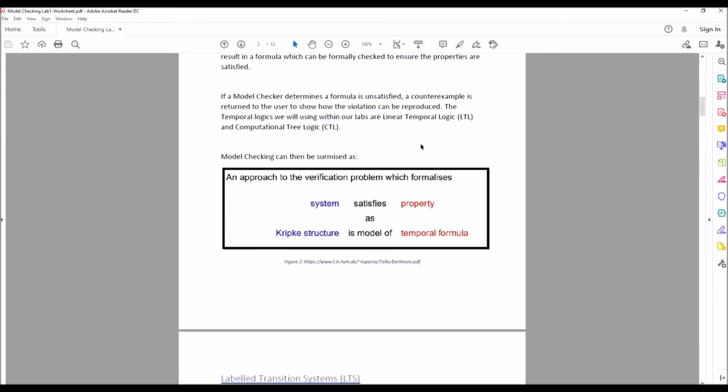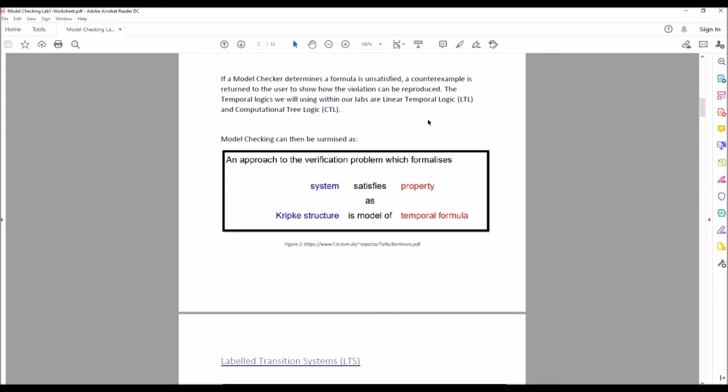If a model checker determines a formula is unsatisfied, say you want to determine an atomic proposition holds throughout an entire model, and you find a state where it's not true, that would be a counterexample, and it will return to the user how the violation can be reproduced. So it returns all the paths or all the states in the path that led you to the violation where it's unsatisfied.